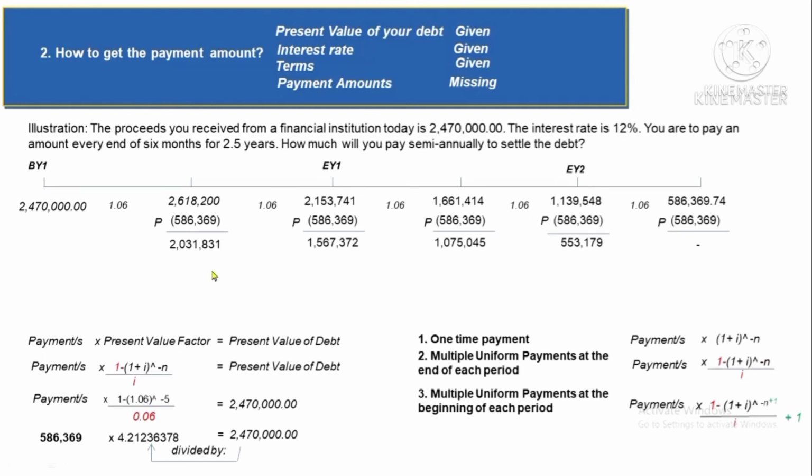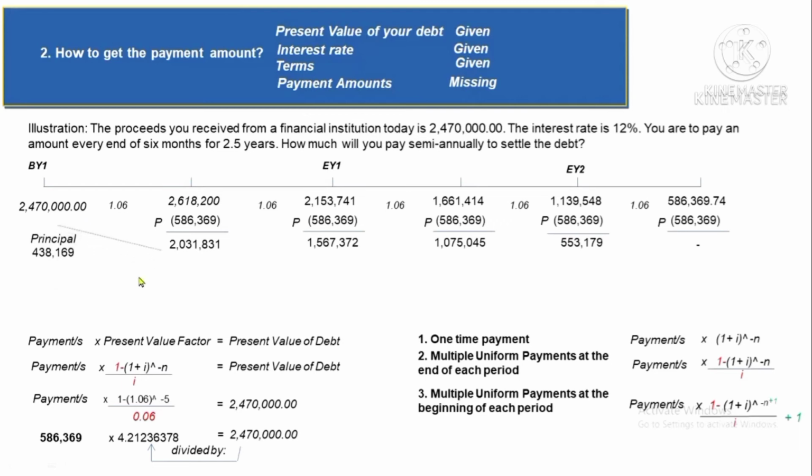But let's analyze further. I told you earlier that payments for non-interest bearing notes include principal and interest payments. So we need to prove that now. As you can see here, we have the beginning liability of 2,470,000. However, after 6 months, it became 2,031,831. So it's safe to conclude that there is a principal payment of how much? 438,169.